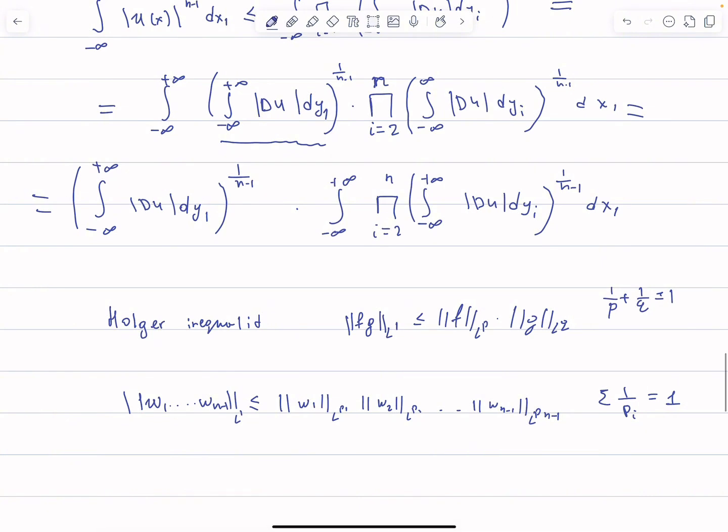Let's write just the definition. The integral of W1 up to W(n-1), absolute value, dx, is less or equal than the integral of W1 to the power n minus 1, because the sum of 1 over n minus 1, taking all of the pi equal to n minus 1, becomes this, times the integral of W2 to the n minus 1, up to W(n-1) to the n minus 1, all of them in the power of 1 over n minus 1.